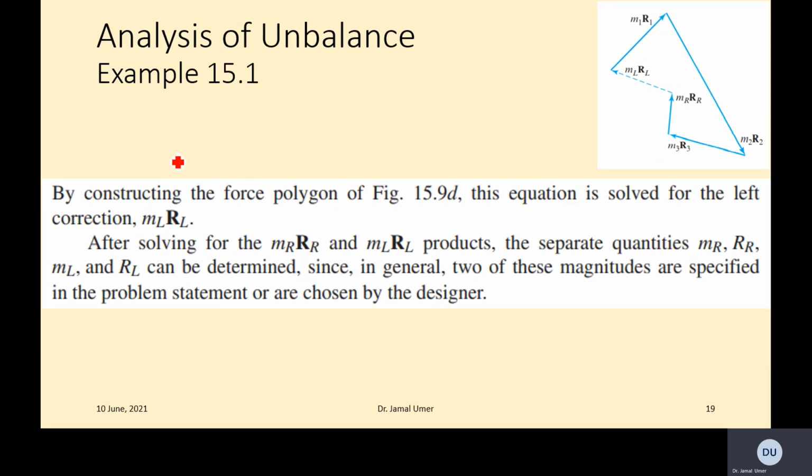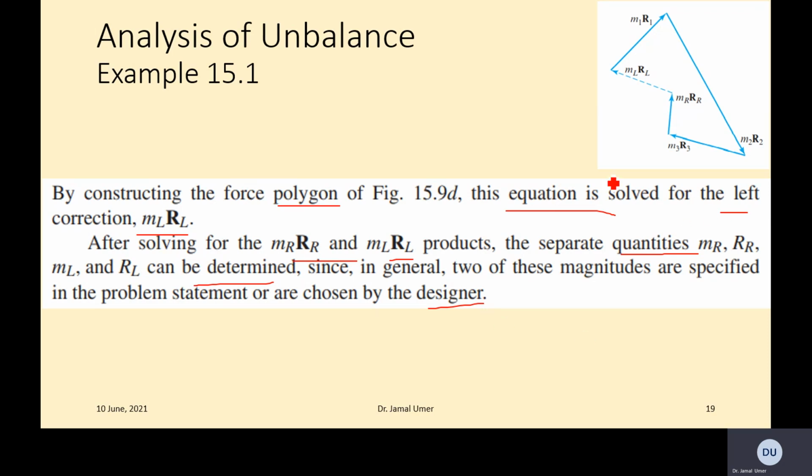So by constructing the force polygon, the equation is solved for the left correction ML or L, so the left side basically. After solving for the MR or ML or L products, the separate quantities MR or R can be determined, since in general two of these magnitudes are specified in the problem statement and are chosen by the designer. So by this simple analysis you can find it out.